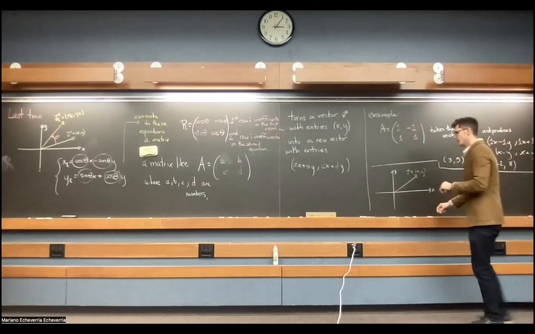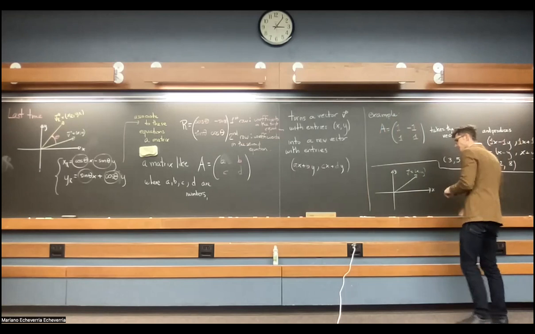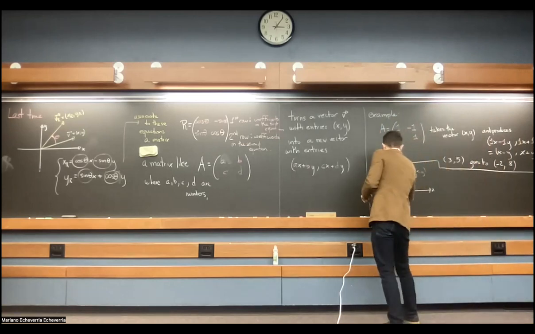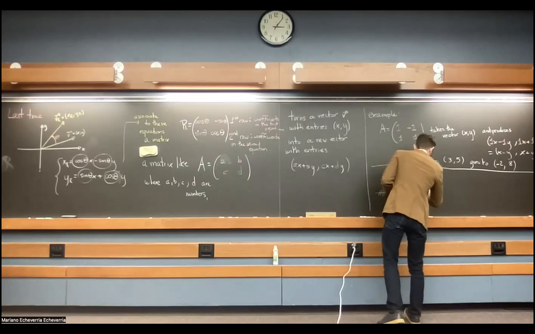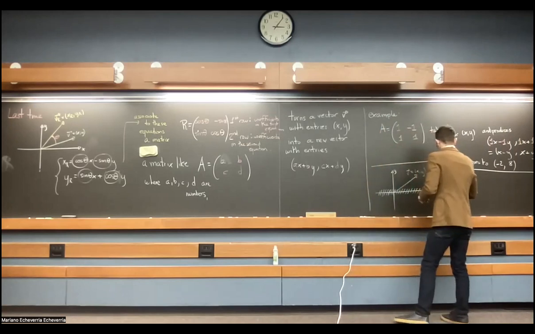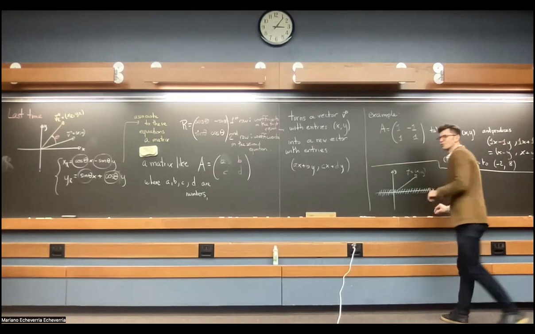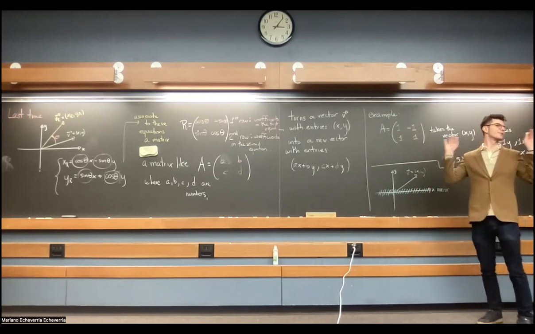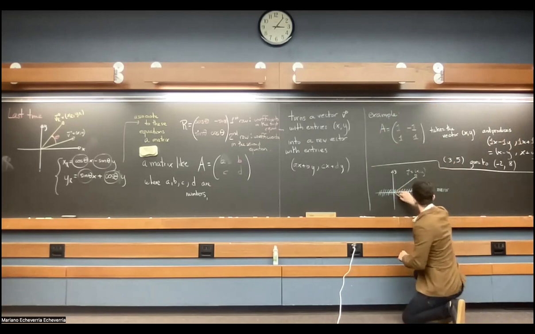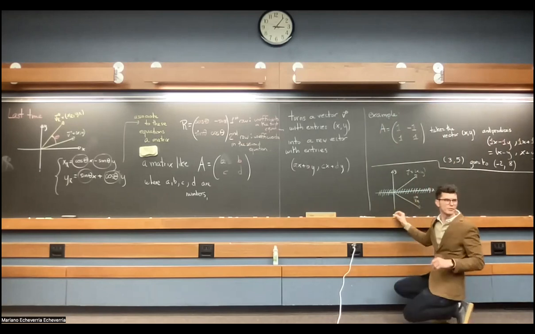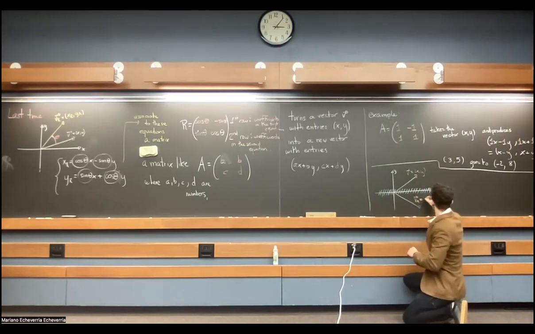So now there's going to be a mirror here. I want to find a reflection of this vector with respect to this mirror. Let's call this V sub m, m for mirror.